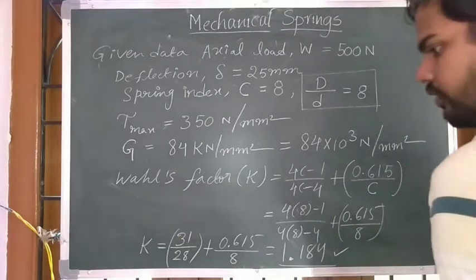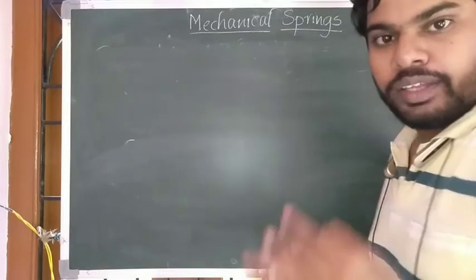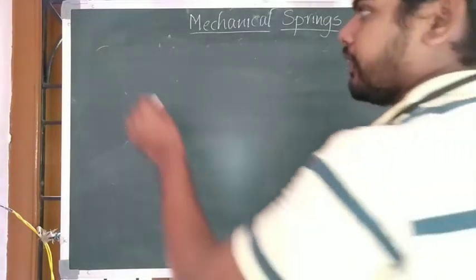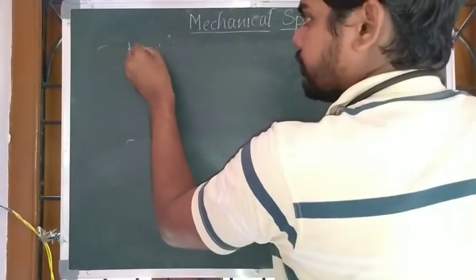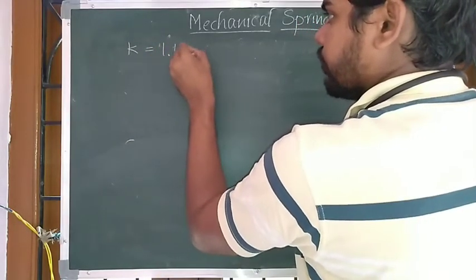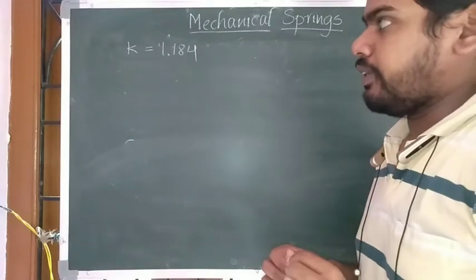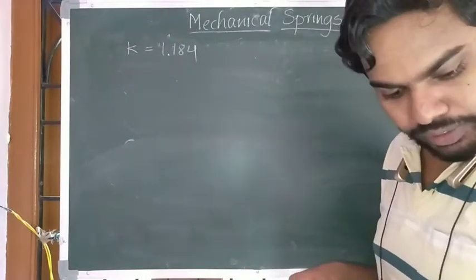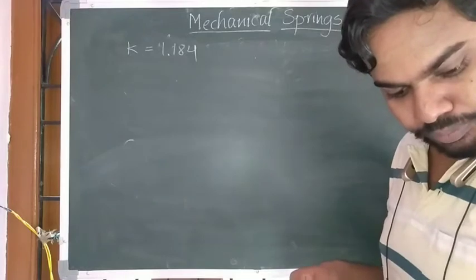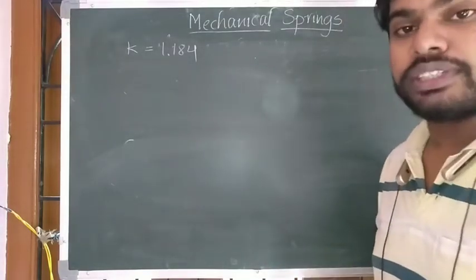Okay, let's continue. So now we have the Wahl's stress factor, K is equal to 1.184. Next, what we need to find: here we have to design the compression helical spring.